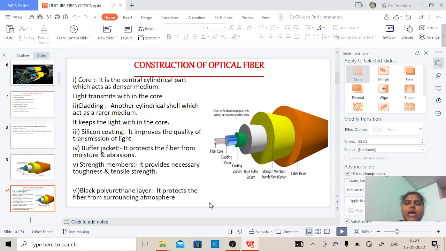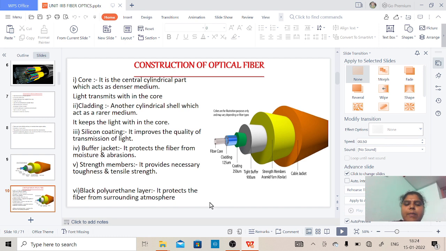It improves the quality of transmission of light. So for suitable coating of light we are using it for the quality of information which we are traveling through this fiber. And next is a buffer jacket. Buffer jacket is nothing but tight buffer. It protects the fiber from moisture and abrasions. And strength members provide necessary toughness and tensile strength to the fiber.